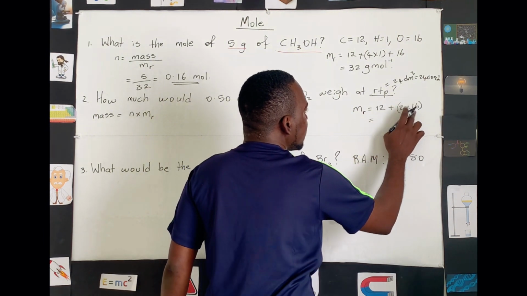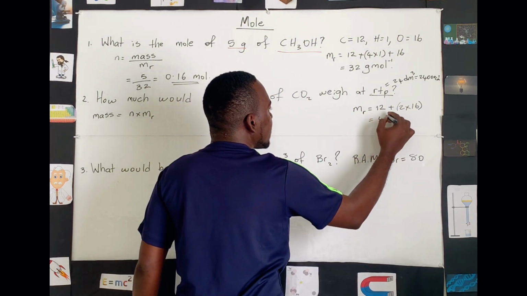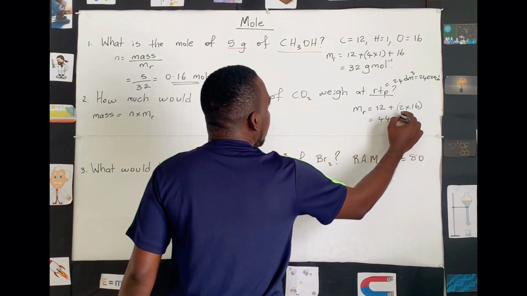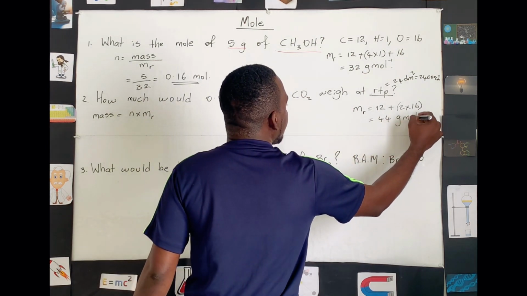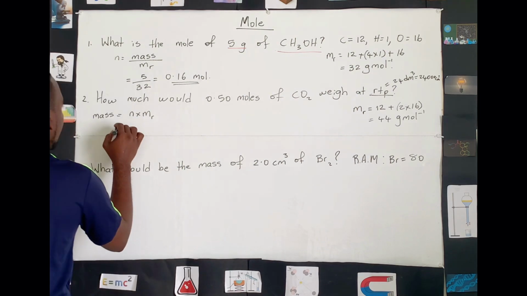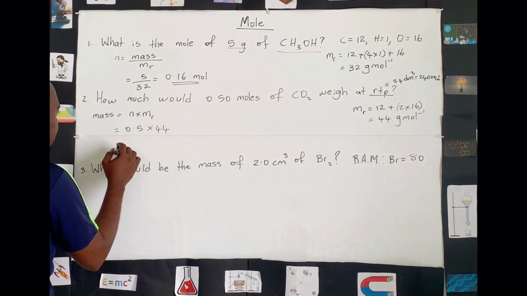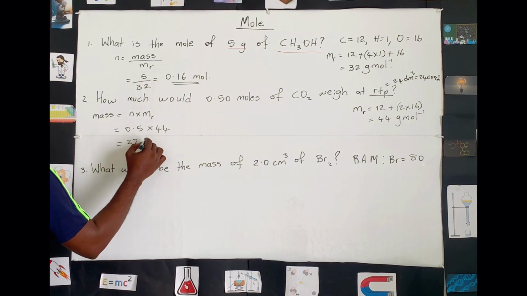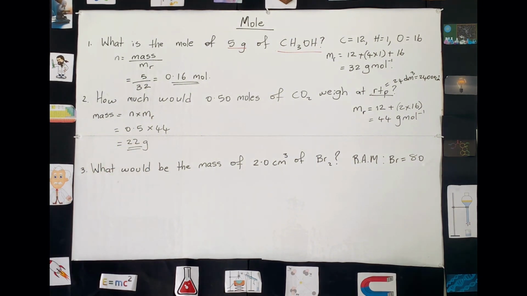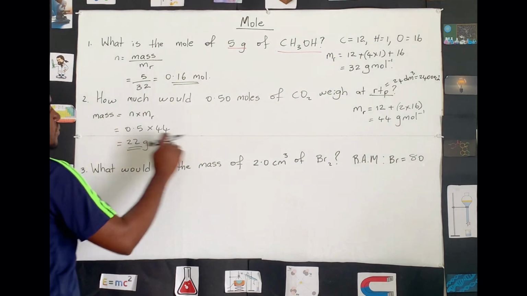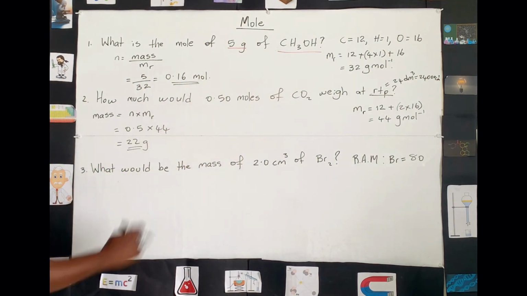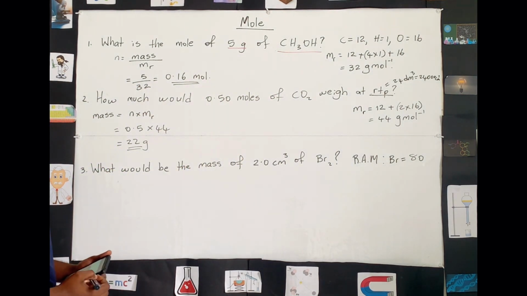Therefore, that is 32 plus 12, so that's 44 grams per mole. So it's 0.5 times 44, which is equal to 22 grams. So we have 22 grams of carbon dioxide in 0.5 moles of that gas.